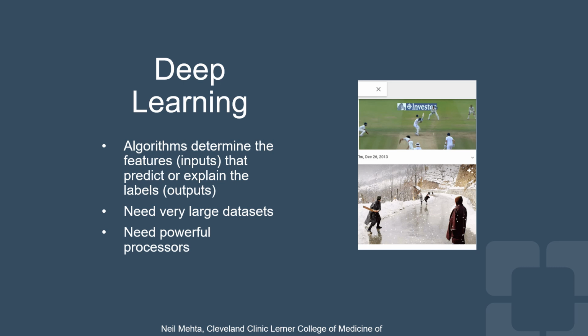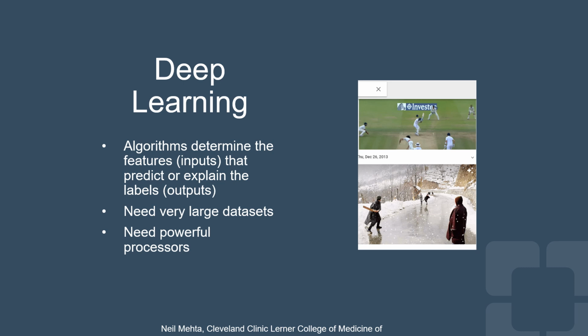In deep machine learning, on the other hand, you do not tell the algorithm which features to look at to help predict the outcome. You let the algorithm determine the features that predict or explain the labels. Thus, for example, if you had thousands or maybe even millions of photographs of cricket, the algorithm would on its own identify there are some elements that are very specific to cricket.